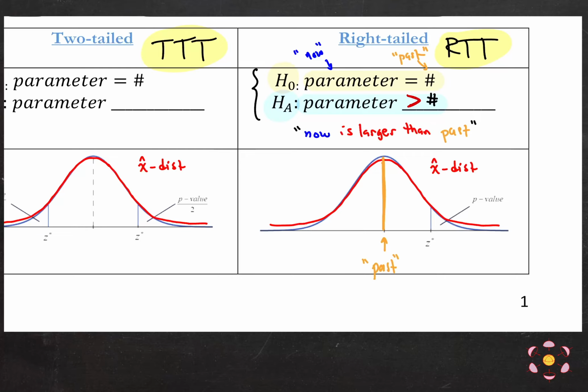If it's a proportion, let's say it's that 80% I keep talking about. And then what if dogs are even more popular now? We suspect that actually 80% is not that high. We think it's much, much higher. People love dogs even more. So again, we still put that 80% down the middle, and we still have this logic where, if we collect the sampling distribution, remember this is all possible samples.